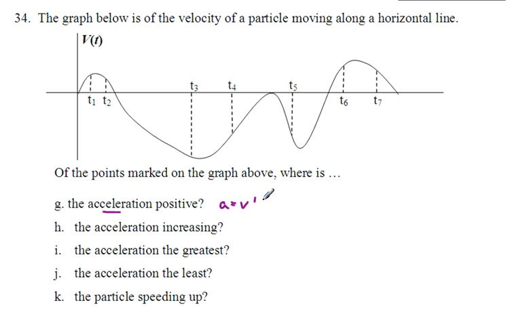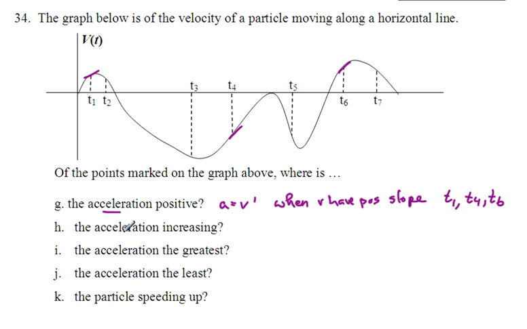Now we're looking for positive slopes. So we're looking for when V has a positive slope. Our answers are going to be T1, T4, and T6, because our velocity has a positive slope, which means our acceleration is positive.